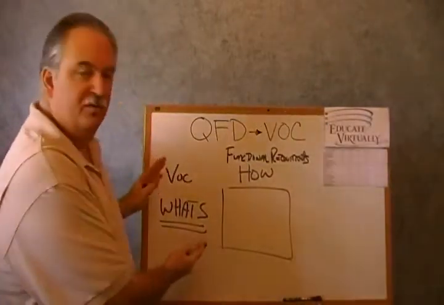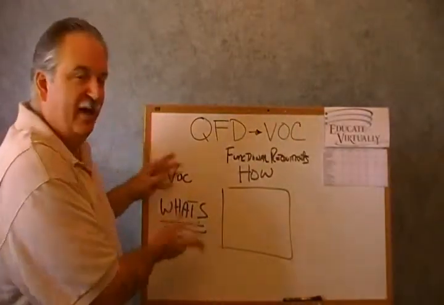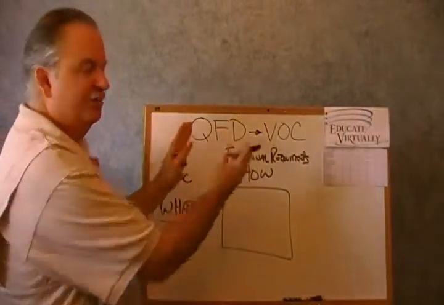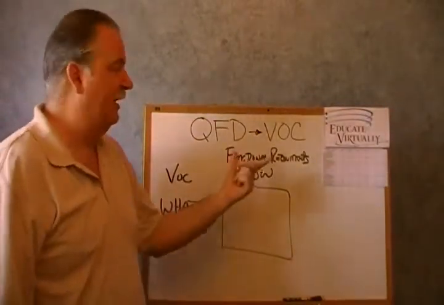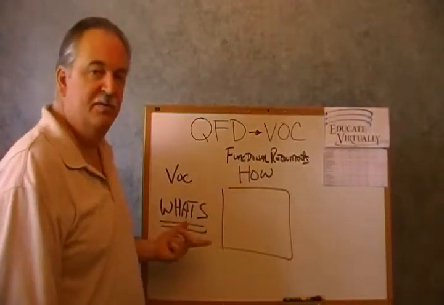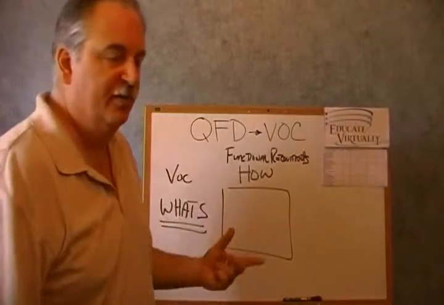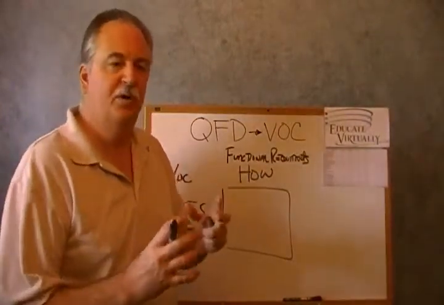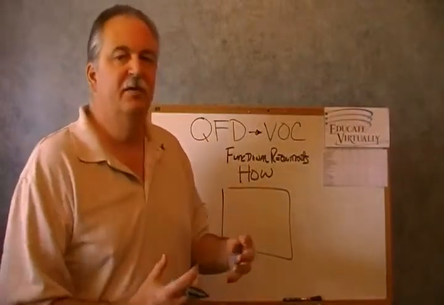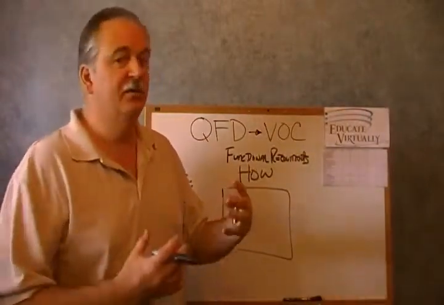So the voice of the customer, we prioritize that. That's what we have to deliver if we want to be successful. And the functional requirements tell us the how we're going to deliver meeting the what's. So the functional requirements, those are going to be the things that tell us just what is it that our processes are going to have to deliver.